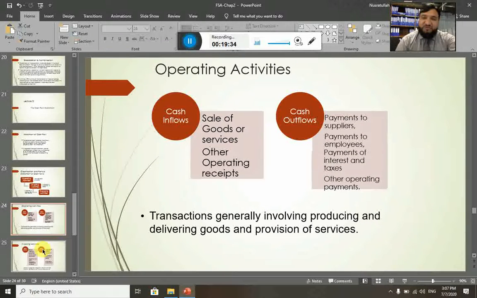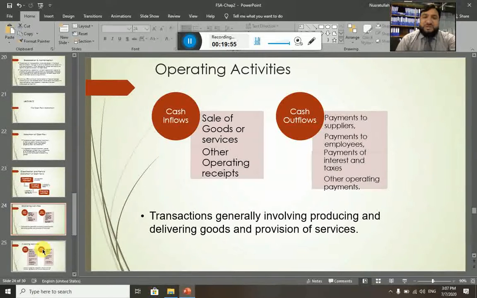Next we have operating cash outflows. Under this, all the payments to suppliers, to vendors, to employees, payment of interest and taxes, and payments of other operating expenses come under cash outflow activities.